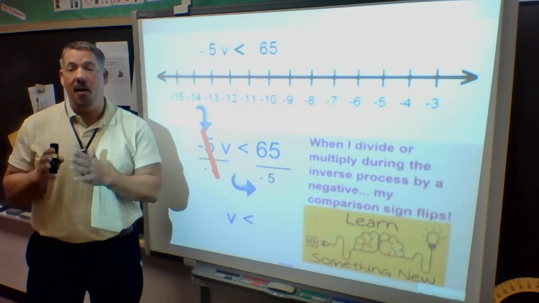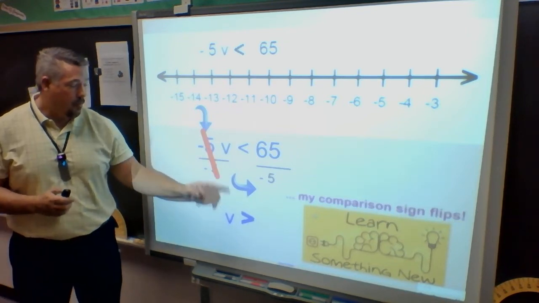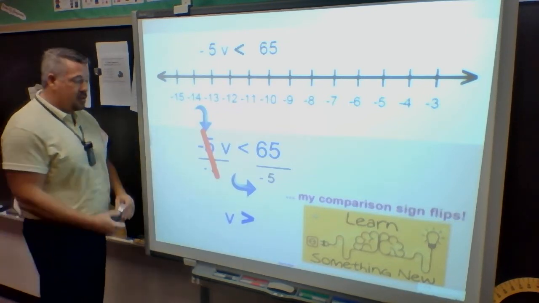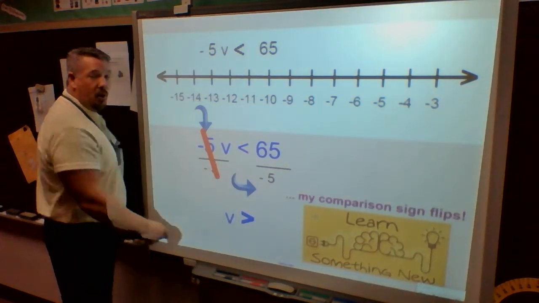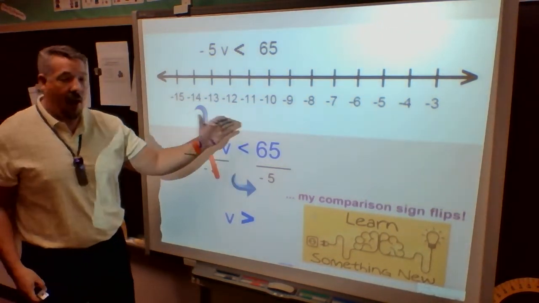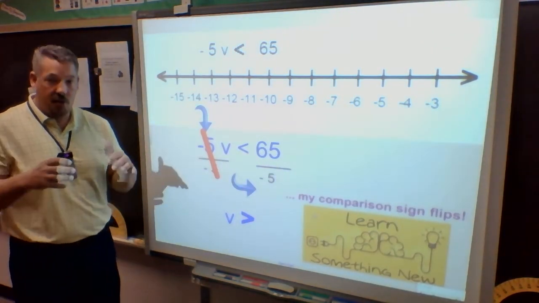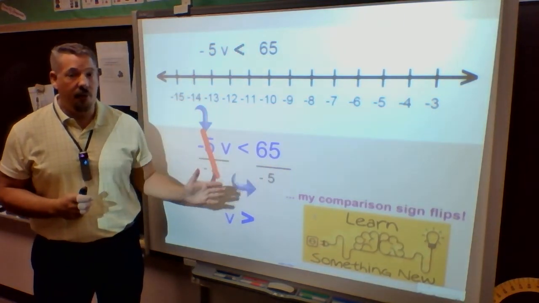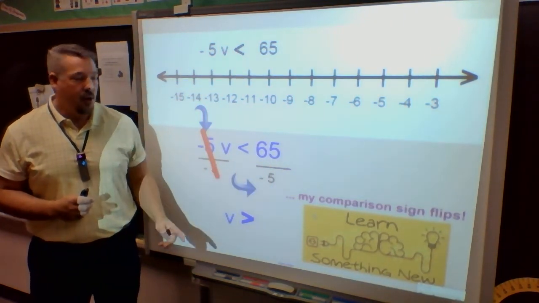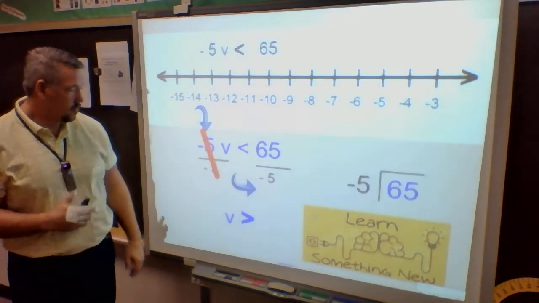Multiplication and division by a negative on the opposite side tells me I have to flip my sign. So notice then, as I'm going to write where my answer is, it's the opposite of what it started out as, because I'm dividing by a negative 5. It's not difficult. I'm just telling you and reminding you that if my opposite side function, if I'm doing multiplication or division with a negative, just flip the sign, because then I can do it correctly.